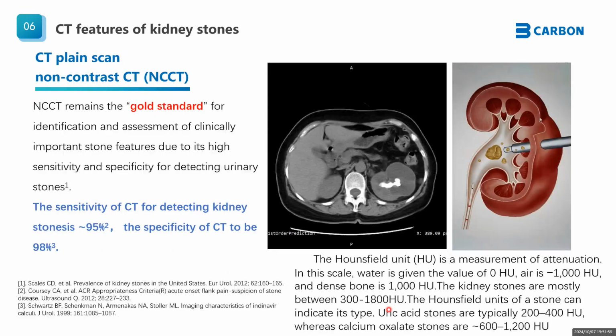Also, according to the HU number, we can estimate the component of the stone, like uric acid stones are typically 200 to 400 HU, whereas calcium oxalate stones are 300 to 1200 HU.